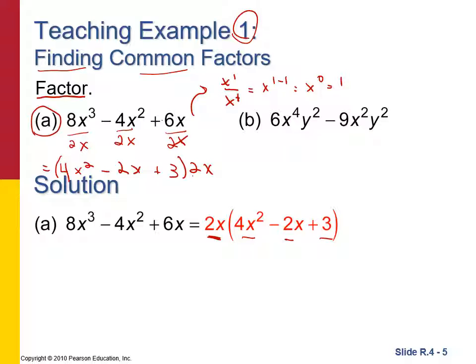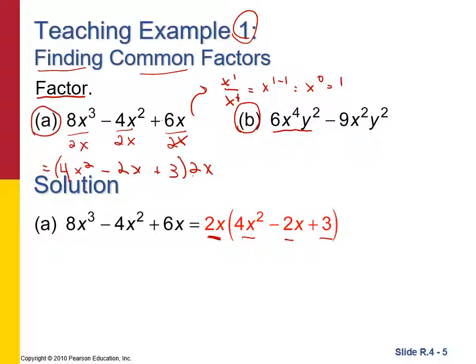All right, let's take a look at this next problem here, B. Notice there are 3 terms in each, so let's just pull this out. What we're looking for really is the greatest common factor, right?